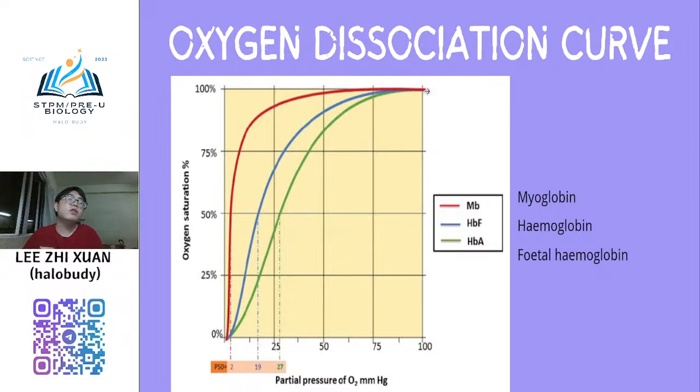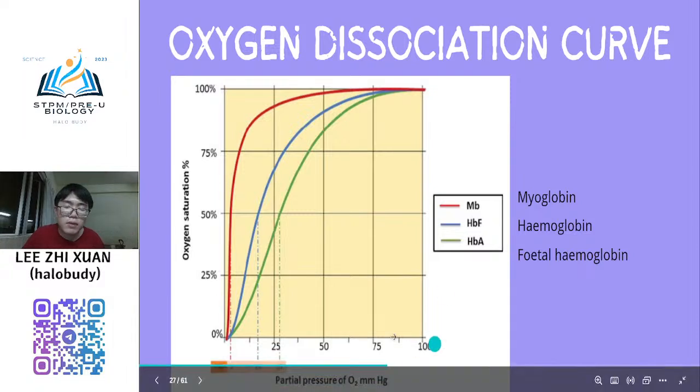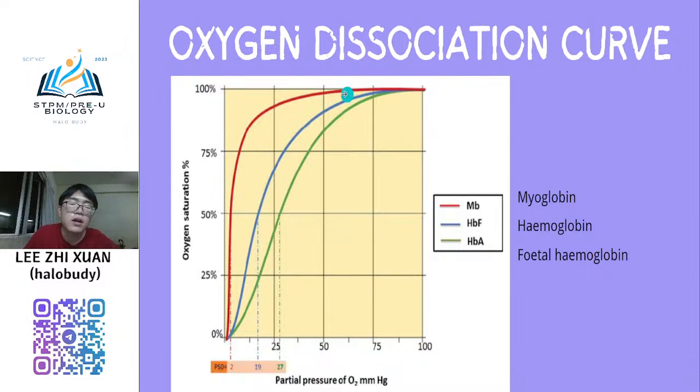Even though your oxygen concentration is very high, more than 80 or 90, or even more than 100, your oxygen saturation is already fixed.